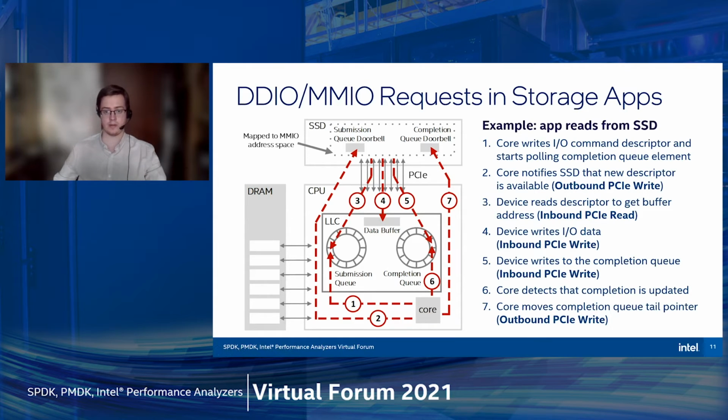And then the device sees the address in the memory where the data is expected to be, and it writes the data by this address into the CPU memory. And here we see an inbound PCIe write, and then the device writes the completion to the completion queue, where the core is polling, expecting some bits of the completion queue element to be changed.